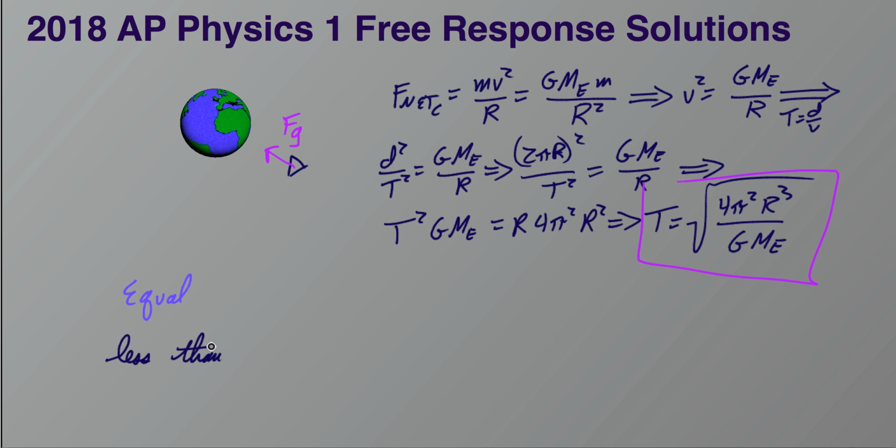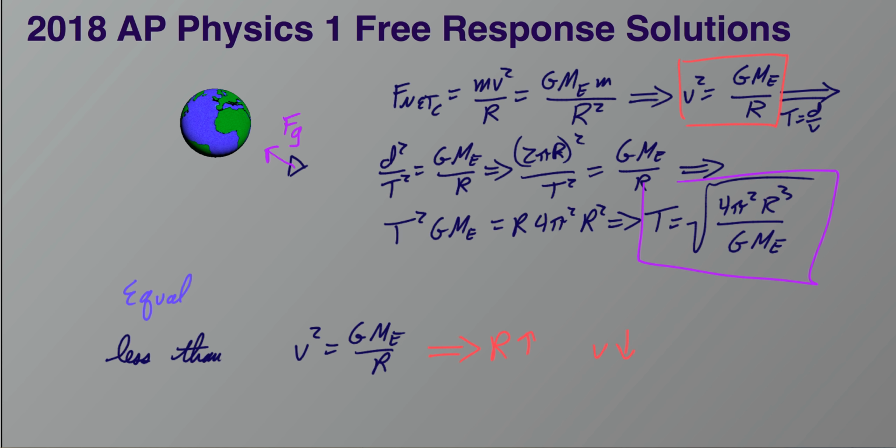The reasoning there is the square of the speed is equal to GM_E over R if we look at our previous derivation. V squared is GM_E over R. So as R increases, that means our speed must go down. I probably would explain that in a sentence instead of just the symbols, but that should give you a pretty good idea of one way you could go about answering that question.